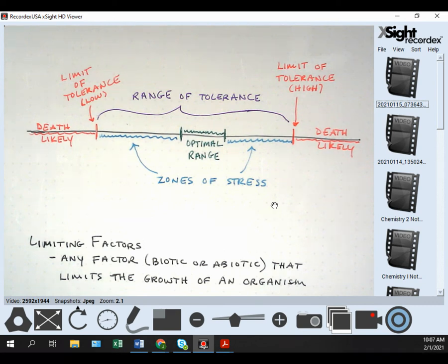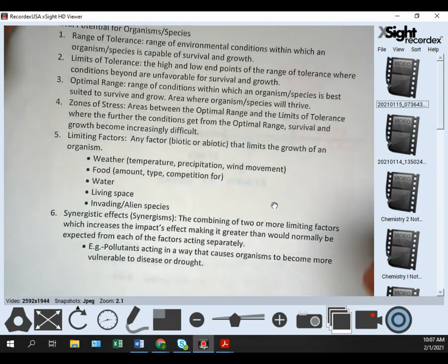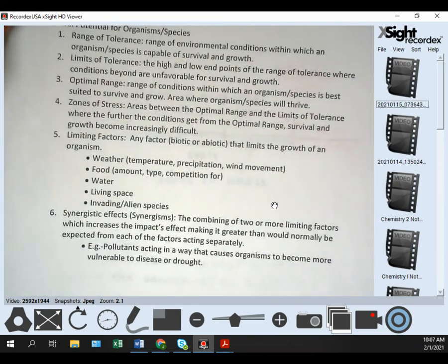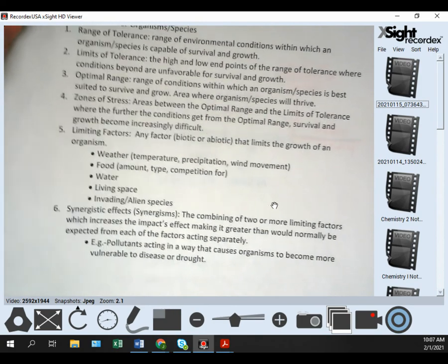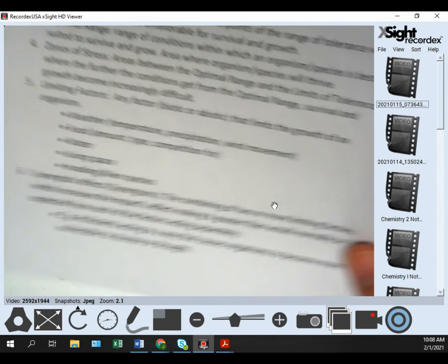But for some reason, the sum of the parts is greater than the individuals. The way they work together just makes them a better team than you would think they would be individually. And that's kind of what synergistic effects are. When you put two or more factors together, it ramps up the effect more than it would if you looked at them individually.